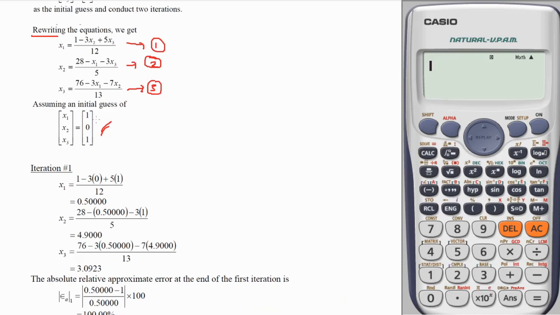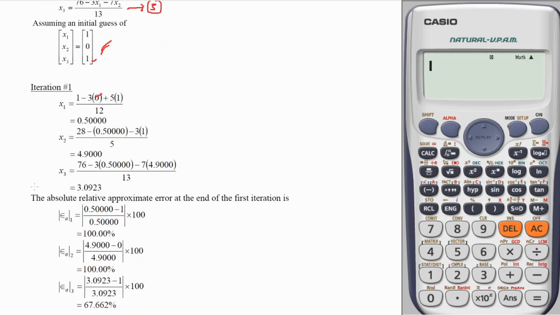So, kapag substitute ko to, dito x sub 2, so ito yung value niya, 0. Then, 5 times yung x sub 3 natin, that is 1. So, kaya 1 minus 3 times 0 plus 5 times 1 over 12. So, magiging sagot natin ng x sub 1 is 0.5.